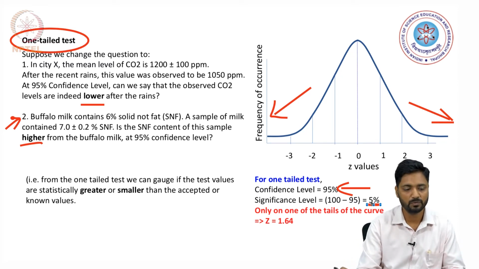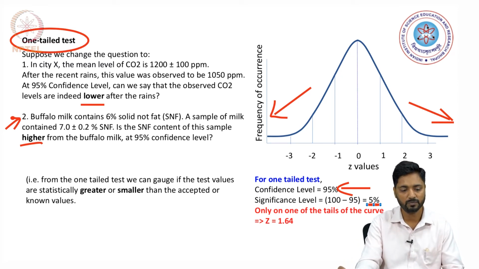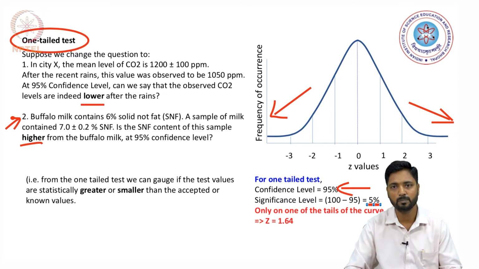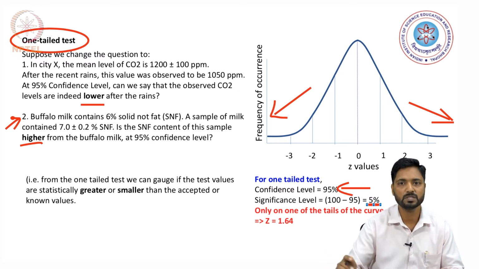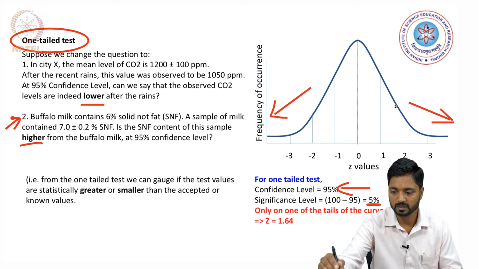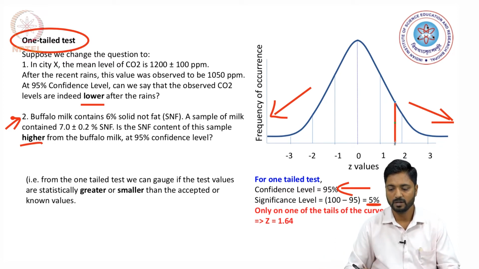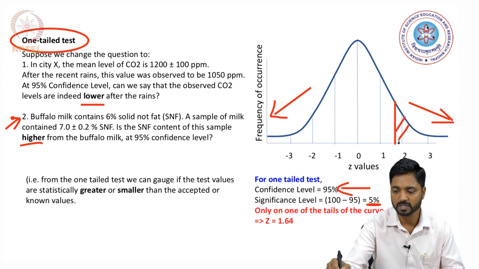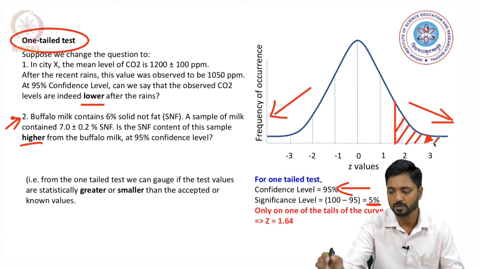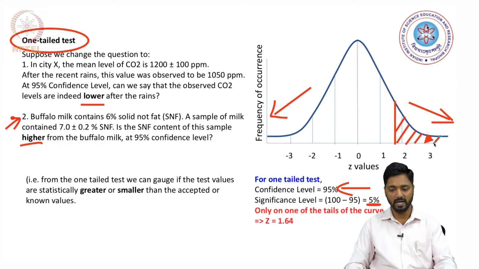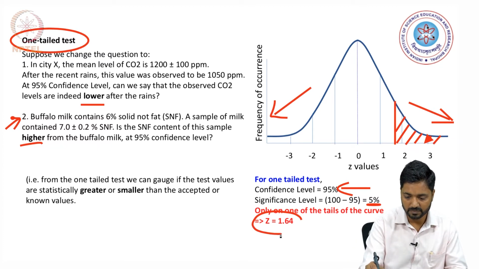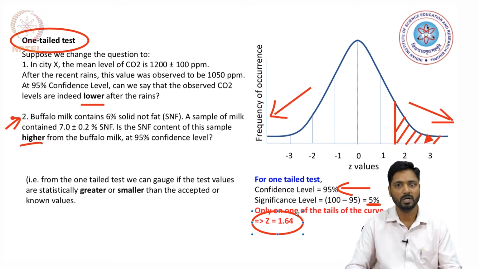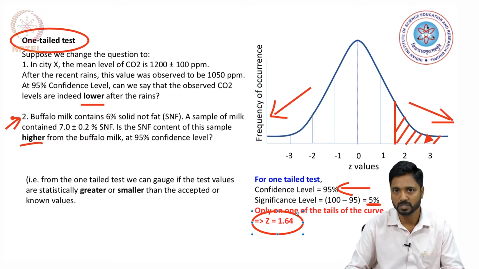So, for example, for question number 2, where the buffalo milk sample is to be compared with a standard sample with 6% solid not fat, in this case we need to only tell whether at, say, 5% significance level the reading is different from the standard or not. So, our significance region is restricted to only one side, and that implies that we use a different z value, which is 1.64 in this case.